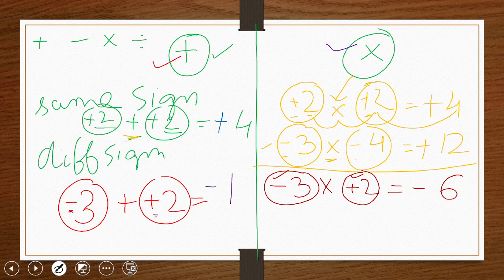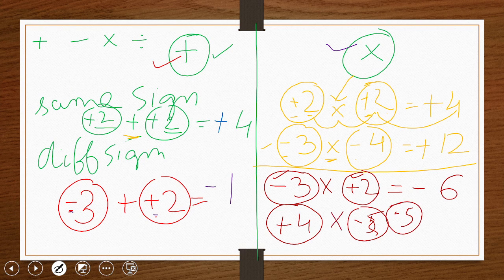Again, if we have plus 4 as the number and minus 5 as the number, and the mathematical operation is multiply, we will do different sign, minus sign. 5 into 4 is 20, but the sign is different, so we will put a negative sign before 20.